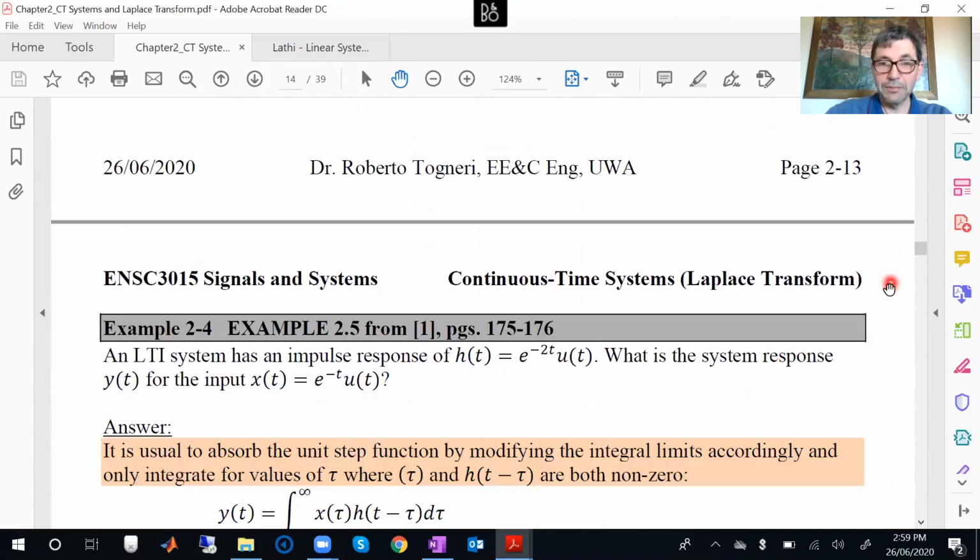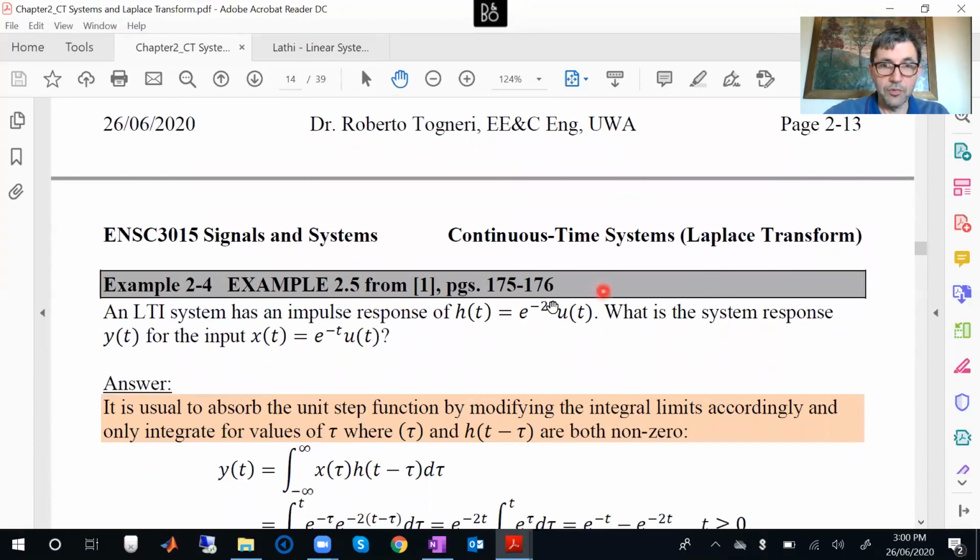I'll come to that shortly, but let's do a quick calculation just to get a feel for using the convolution integral in this context. Let us look at an example where the impulse response is given as this. Good news, this is not unusual. In fact, this is an expected impulse response. As we will see, the impulse response follows the characteristic behavior of the system, so it will look like a zero input response.